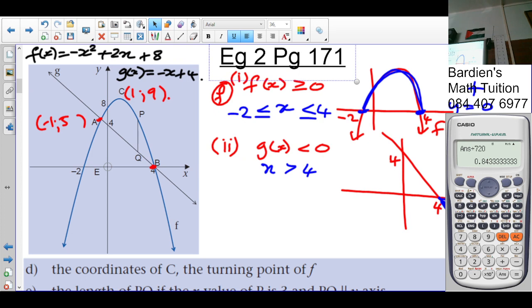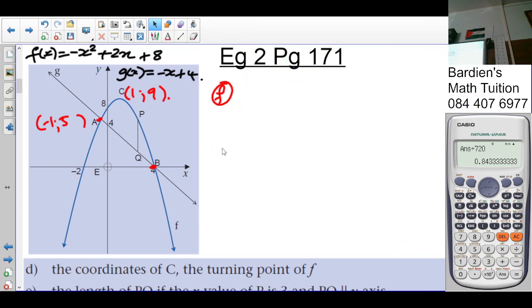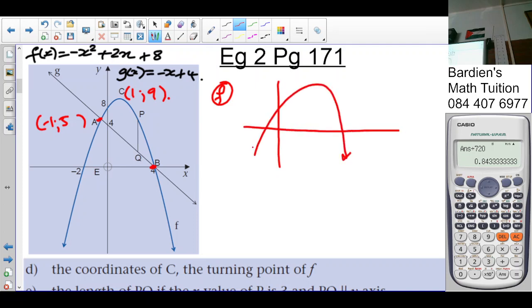Then where is f of x greater than or equal to 8? So again I draw that graph. Again, you don't have to draw this, people. The turning point here is 1 and 9, but we don't need it.